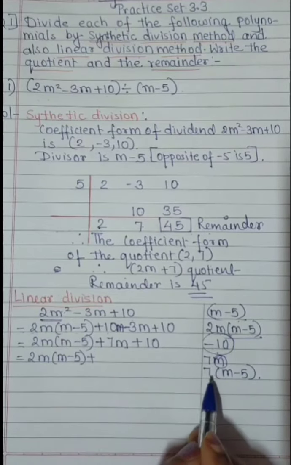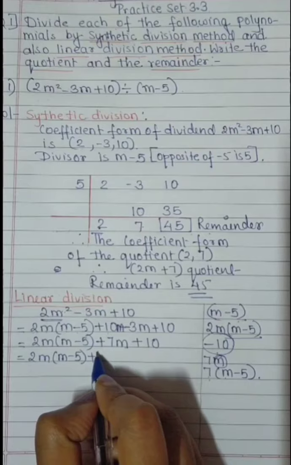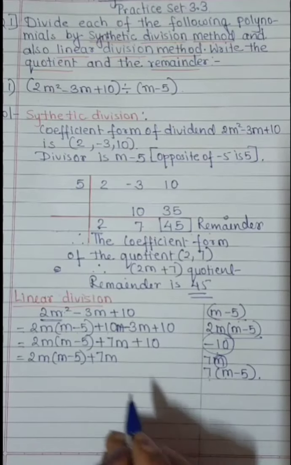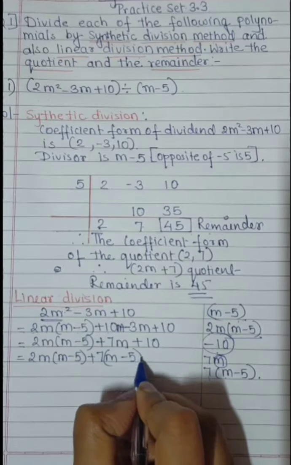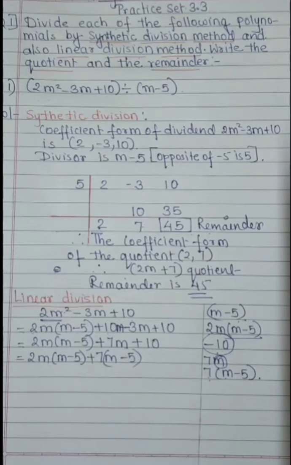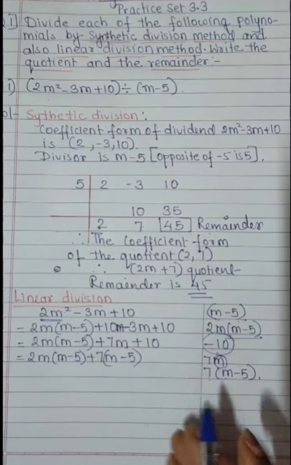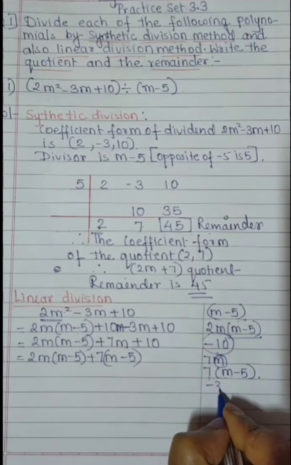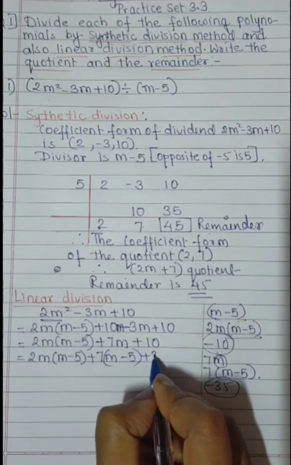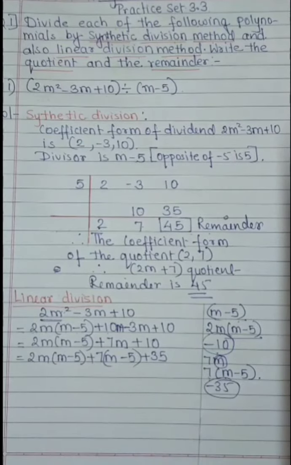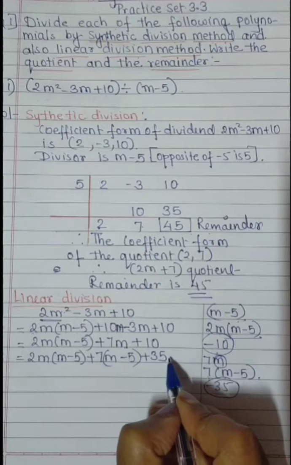So we will get 7m minus 5. Again, 7 5s are minus 35, so again we will change the sign. Here plus 35 will come, after plus 35 plus 10.